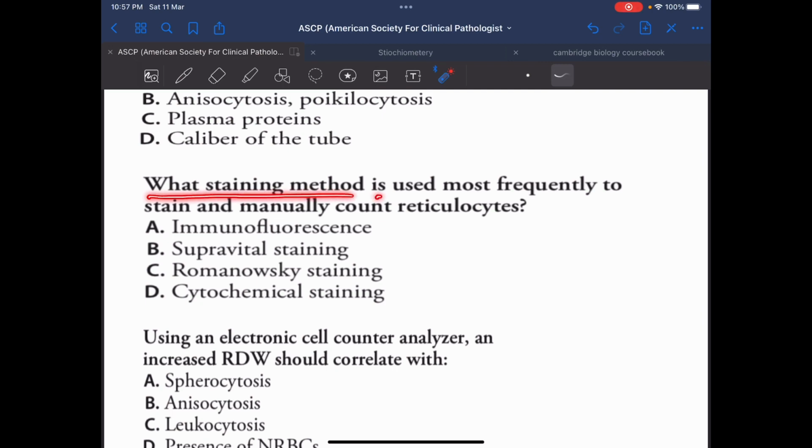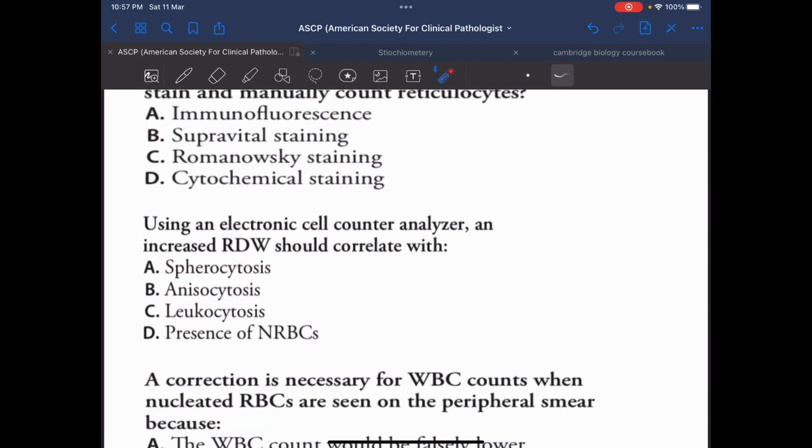Next question. What staining method is used most frequently to stain and manually count reticulocytes? Immunofluorescence stain, supravital stain, Romanowsky stain, cytochemical stain. It is supravital stain, which includes methylene blue. Next question. Using an electronic cell counter analyzer, an increase in red cell distribution width should correlate with spherocytosis, anisocytosis, leukocytosis, presence of nucleated RBCs.